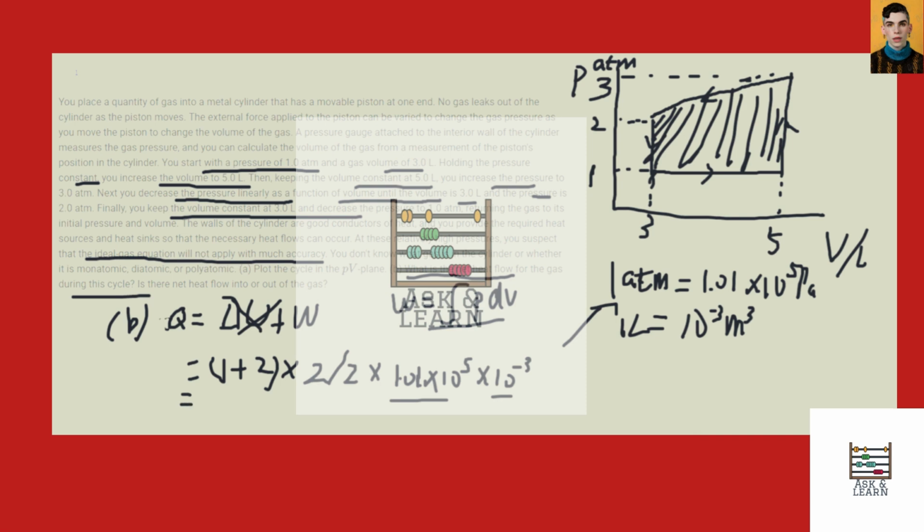So the final solution should be 3.03, just 303, I think. Is that right? So yes, 303 joules. Q is positive, which means that the heat flowing into the gas is positive, so the net heat flows into the gas. Okay, that's it.